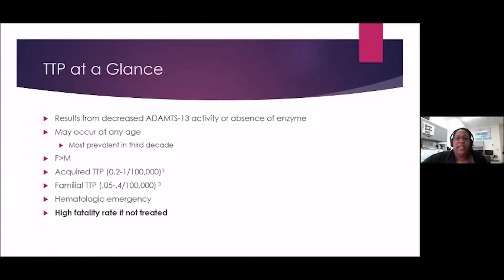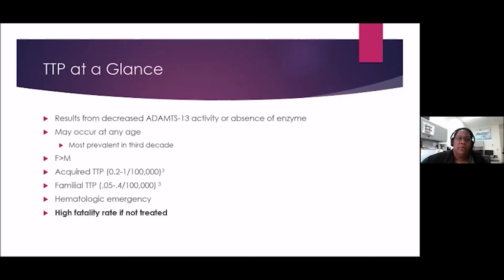It can occur at any age, but most of the time you see TTP in adults. You see it in females more than males. Acquired TTP is a little bit more frequent than familial TTP, but it's a very rare disease. But I would not think that with the amount of TTP calls that we get here. It says it's very rare, but we have multiple TTP patients each week.